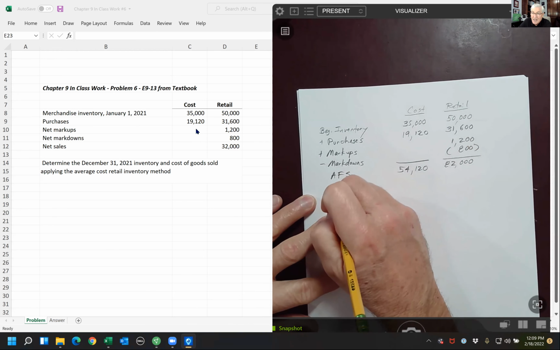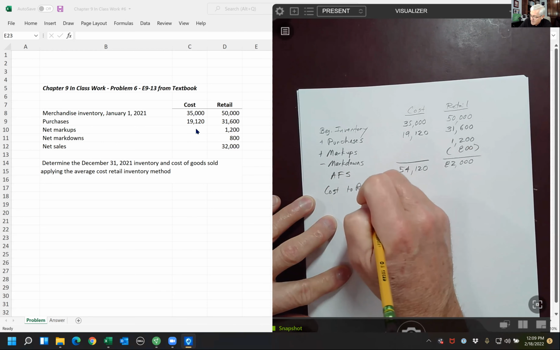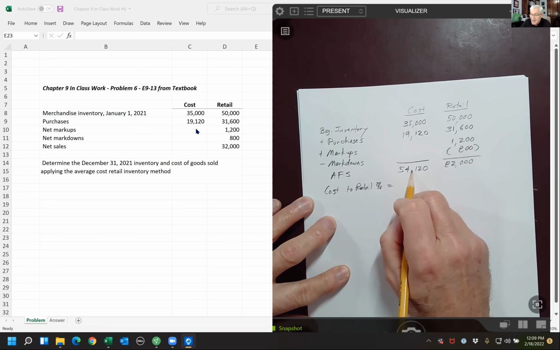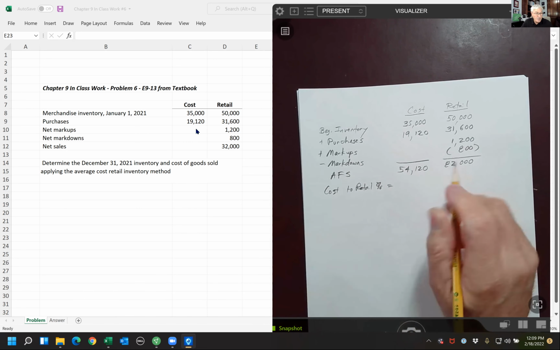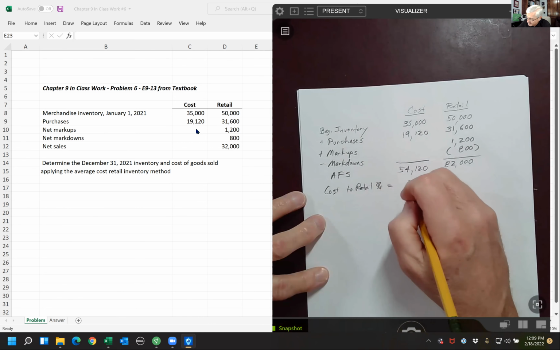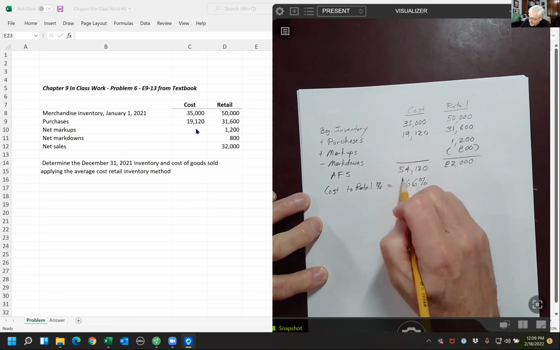Now, cost to retail percent equals 54,120 divided by 82,000. Exactly 2/3, 66%.